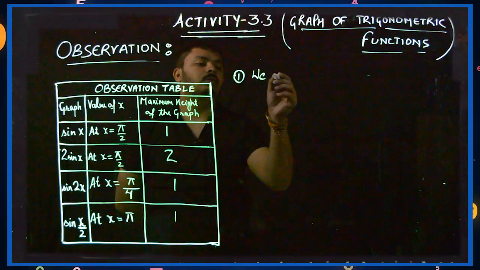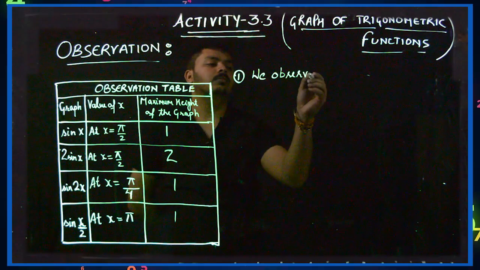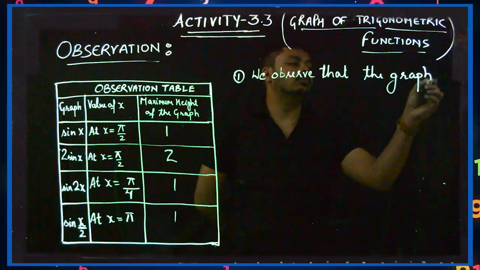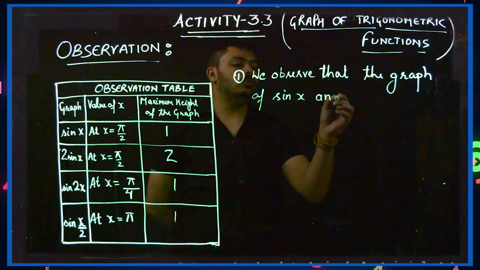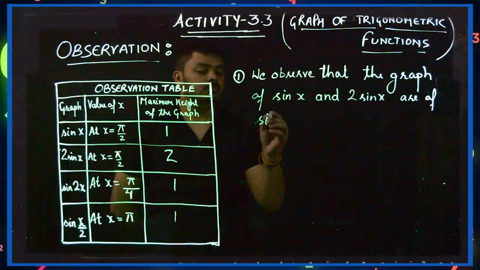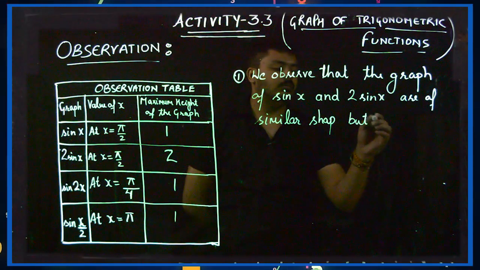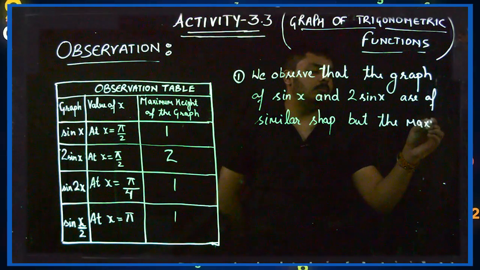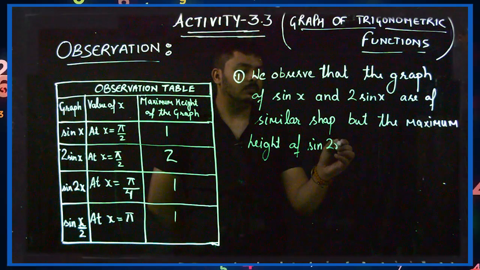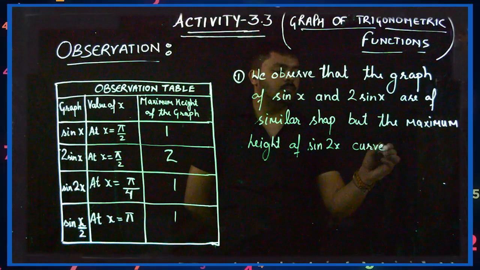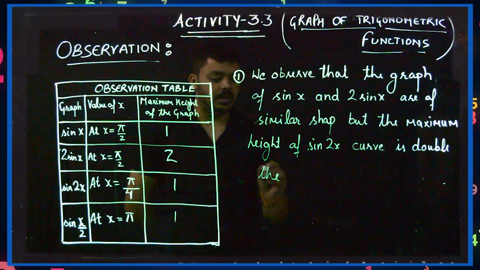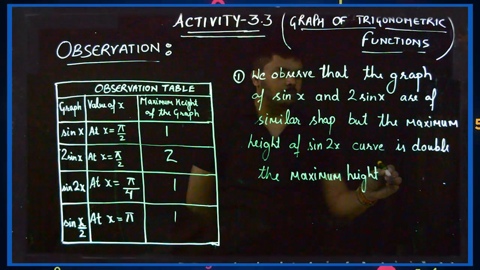Now, we observe that the graph of sin x and 2 sin x are of similar shape, but the maximum height of 2 sin x curve is double the maximum height of sin x.